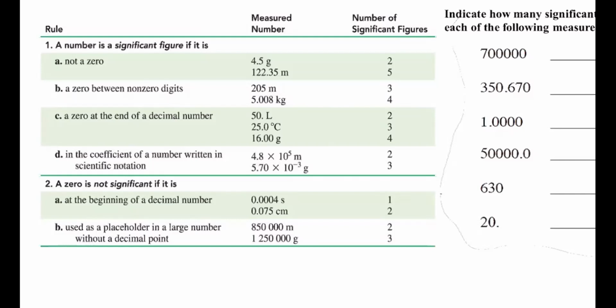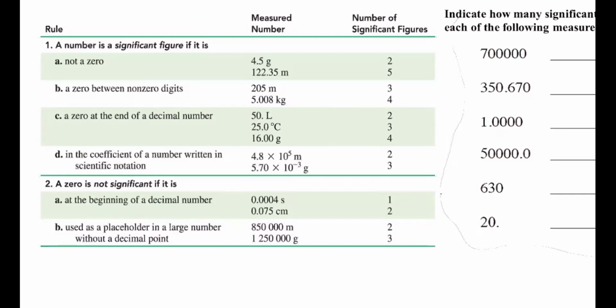So 4.5 is going to have 2 sig figs. 122.35, because all of the digits are not 0, all of them count as digits that carry meaning to the resolution. Now let's deal with the zeros.